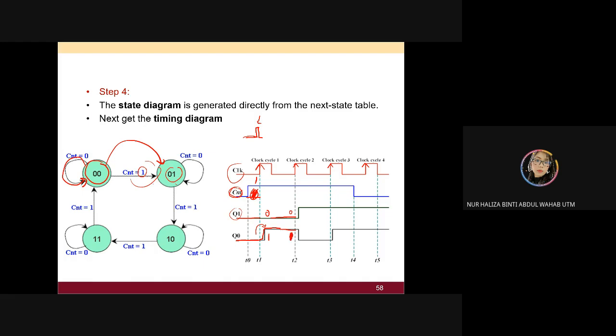For 0, 1, you're going to see it jump directly here if we have input Cn of 1.